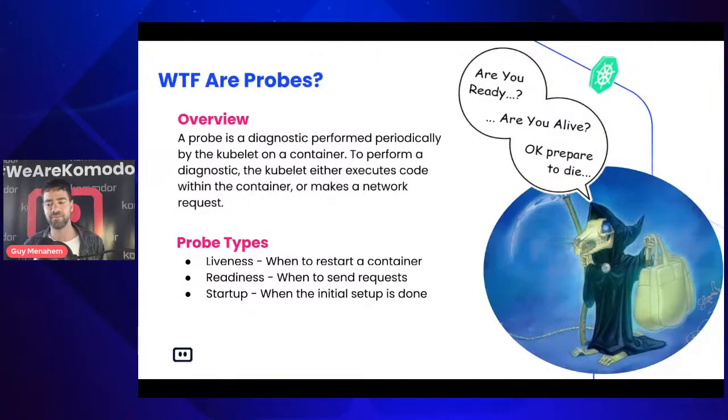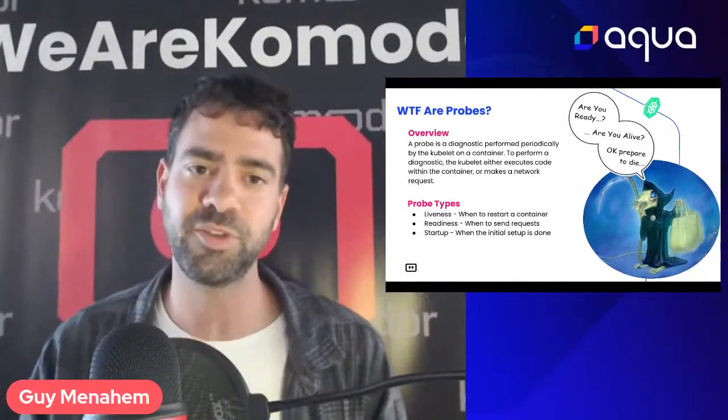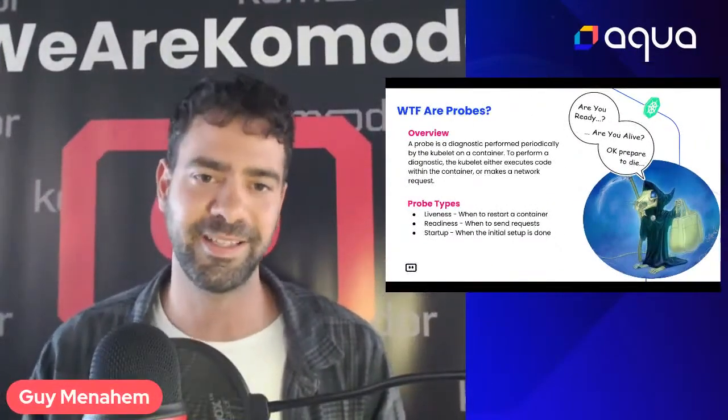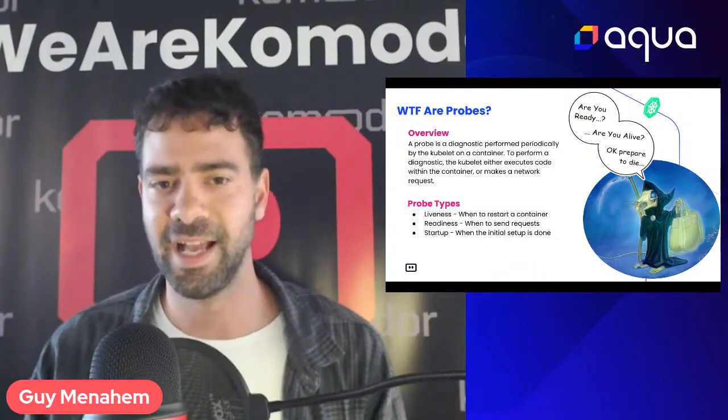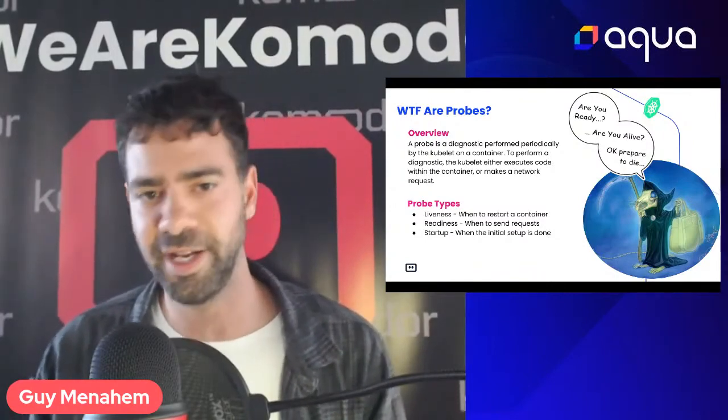It means that it can, for some reason, stop the traffic to it, and in some cases it can restart the container or the pod, so that if something is recoverable by restart, we can do it pretty fast. And how is it done? The kubelet periodically goes into each one of our containers inside the pod and asks them: are you alive? Are you ready?